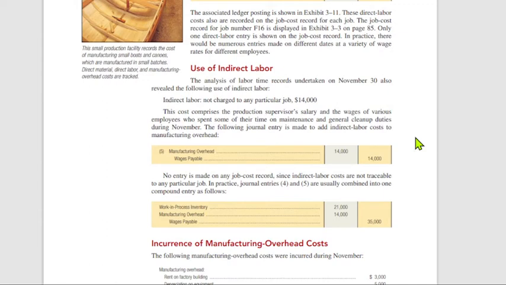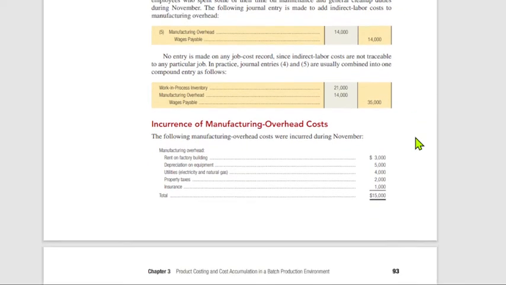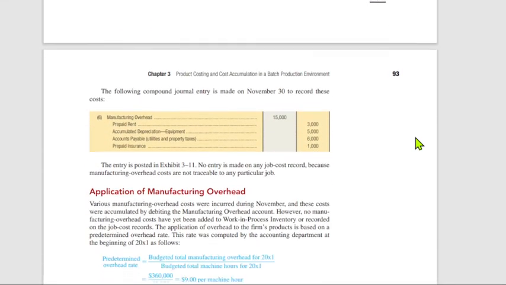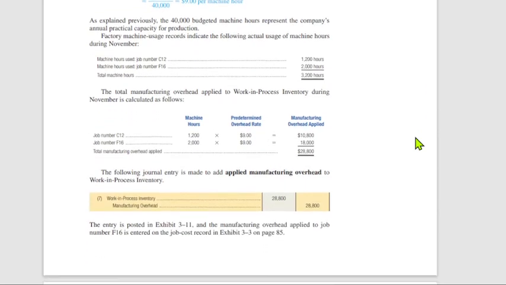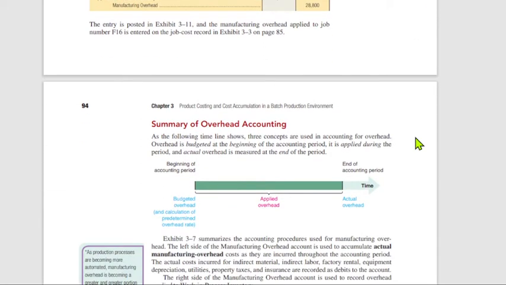Okay, what about indirect labor naman, we debit manufacturing overhead and then credit wages payable. Okay? You can also compound the entry for that, yung doon sa direct labor and indirect labor. Okay?